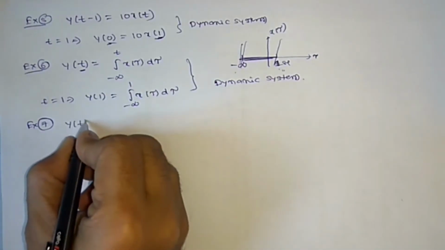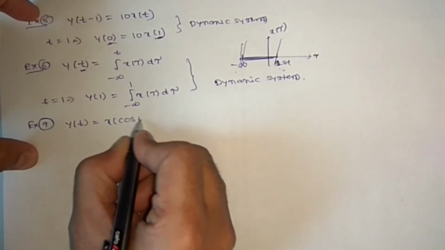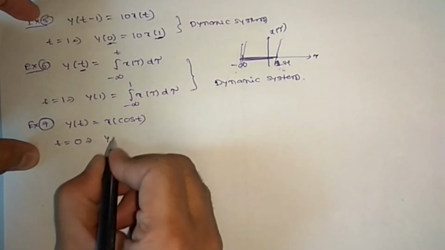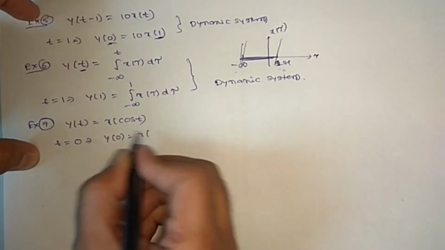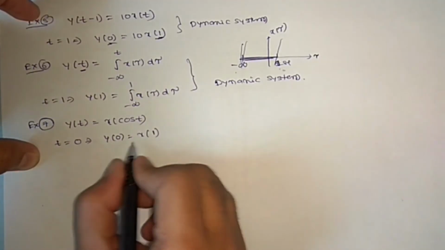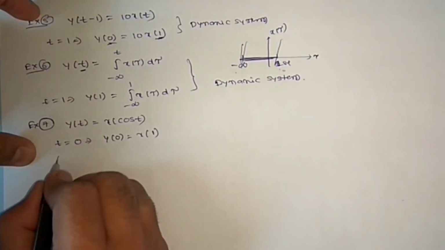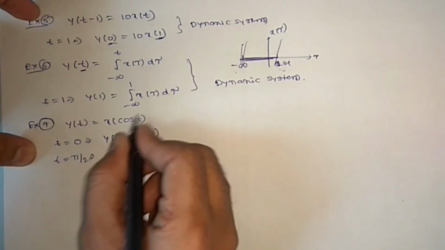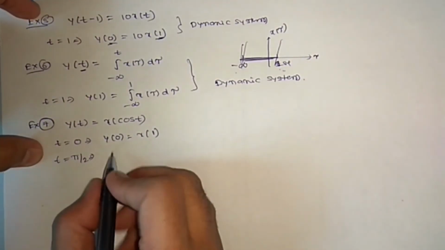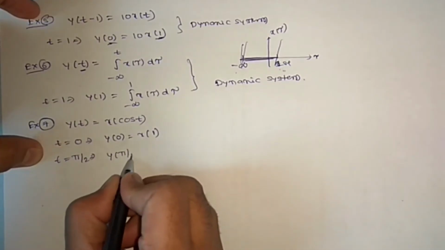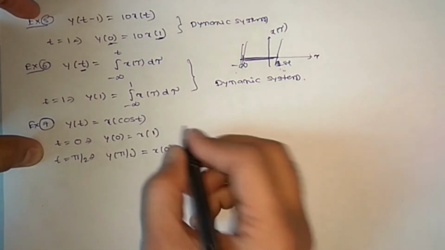Suppose y of t equals x of cos t. At t equal to 0, y of 0 is x of cos 0, which is x of 1. Is it matching? No, right? At t equal to pi by 2, because we have a cos term, y of pi by 2 is x of 0.